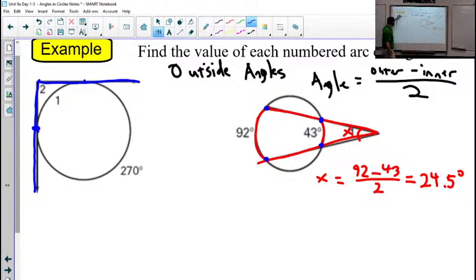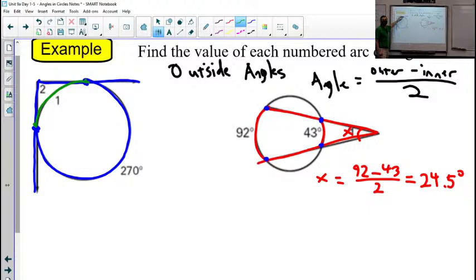Over here, here's my start and end point. And so for the outer arc, I'm going to trace along the outside, the side that's farthest away from my angle. There's my outer arc. To get my inner arc, I'm still going to start here and end here, but this time I'm going to trace inside closer to the angle. Right, because here's the angle I'm trying to find.